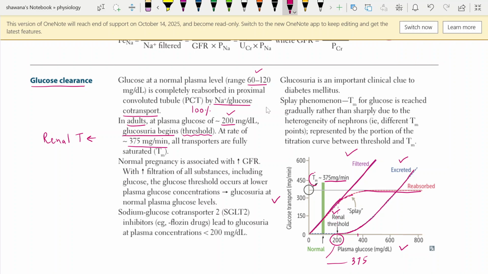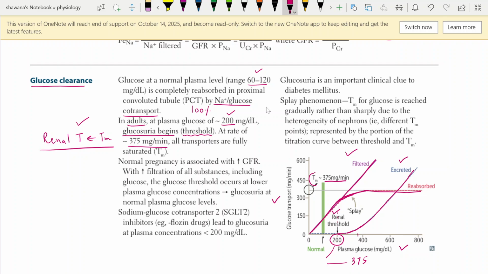And this phenomenon of splay is due to the heterogeneity of the nephrons. Some nephrons have transporters that are not saturated yet, but in some nephrons the transporters are saturated early, some saturate late. So there is heterogeneity in the nephron transporters. That's why there is a titration curve, a splay phenomenon going on here.